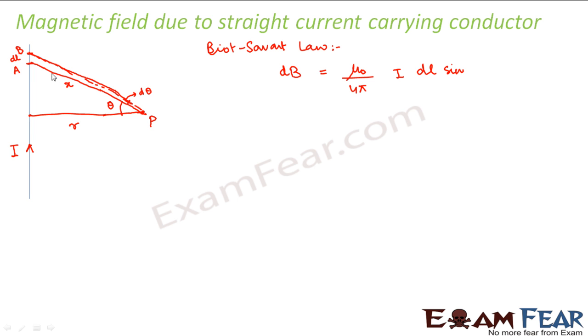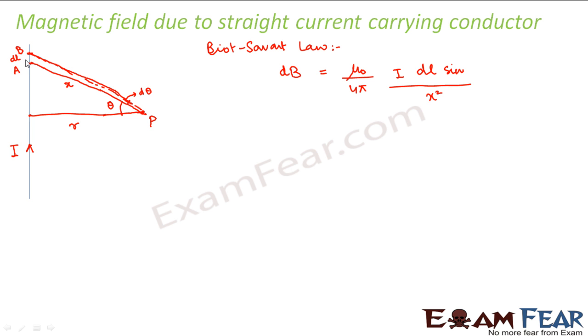What was r? r was nothing but the distance of the small element from the point P. So what is that distance? That distance is x, so this will be x square. And what is theta? Theta is nothing but the angle which this small element subtends at point P.